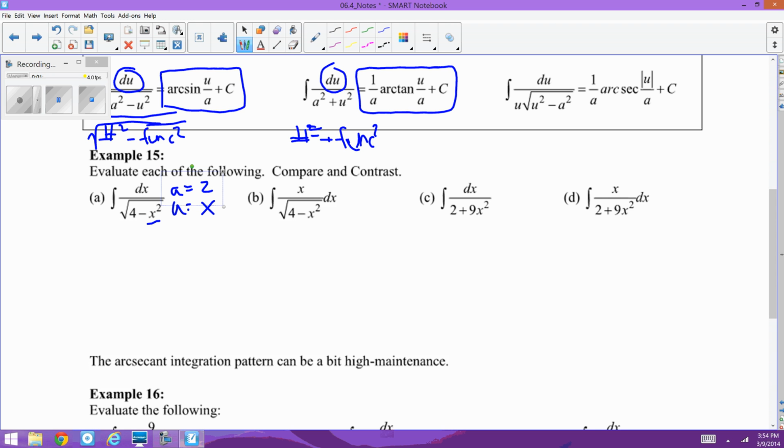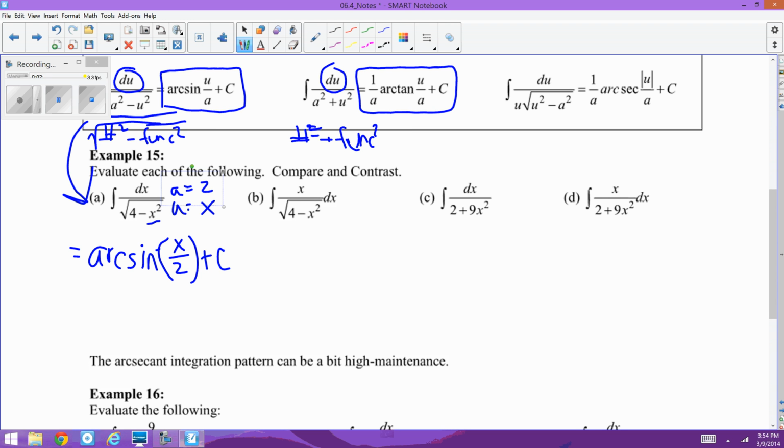Now this is strictly what I was talking about before. Just memorize it. Arcsine, or inverse sine, whatever one you want, of u over a. So x over 2 plus c. It's not too bad if you memorize those.